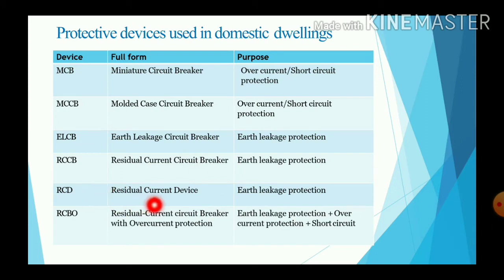RCD, it is residual current device. All these three are used for earth leakage protection. And the last one is RCBO, residual current circuit breaker with overcurrent protection. It is used for earth leakage protection, overcurrent protection and short circuit protection.